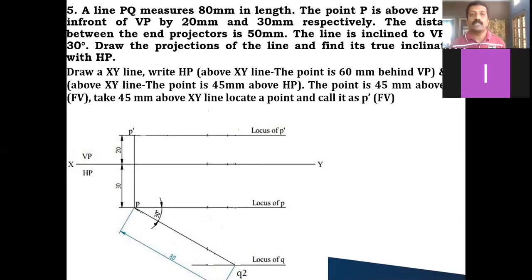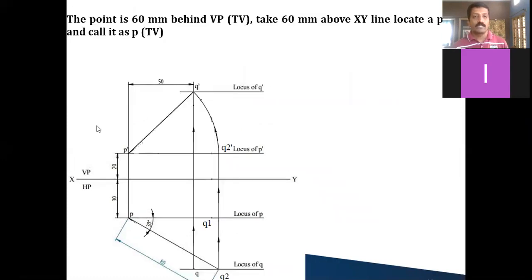Till here we have used almost all the data, but he has given one more data. What is that? The distance between the end projectors is 50 millimeter. That is nothing but this distance. So from P dash or P, take a horizontal distance of 50 millimeter.